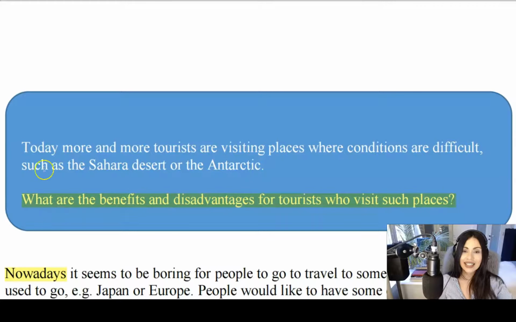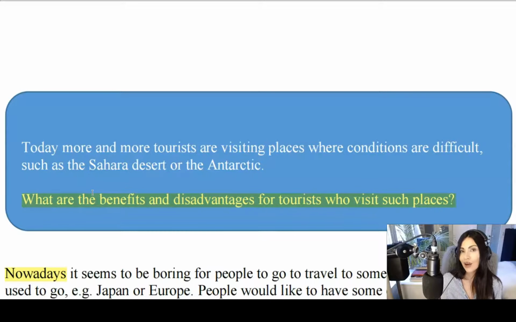Right, so as you can see here, we have the question. Today, more and more tourists are visiting places where conditions are difficult, such as the Sahara Desert or the Antarctic. So, the second part of the question is now very relevant. What are the benefits and disadvantages for tourists who visit such places?